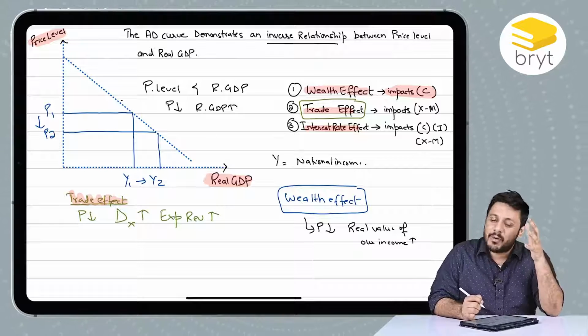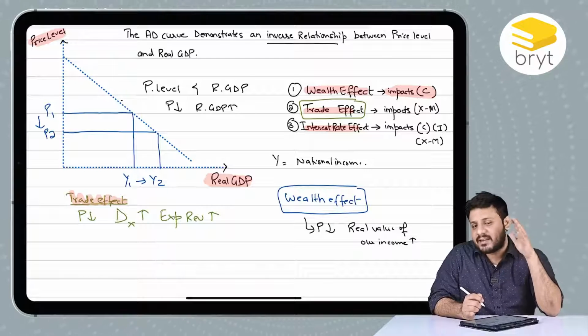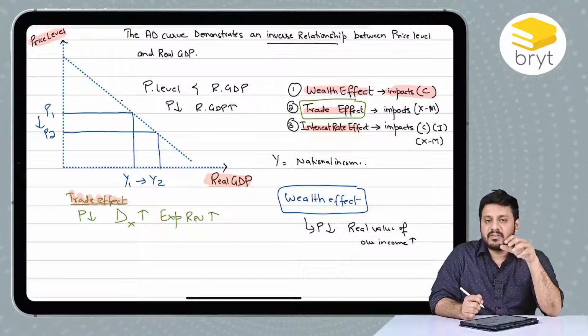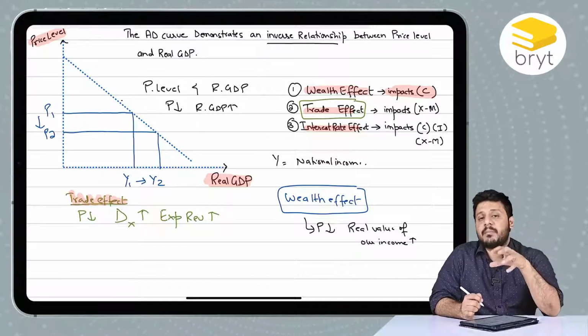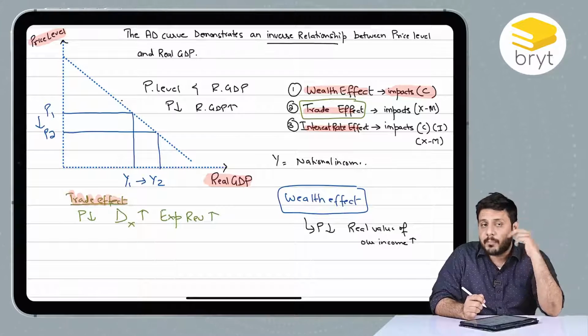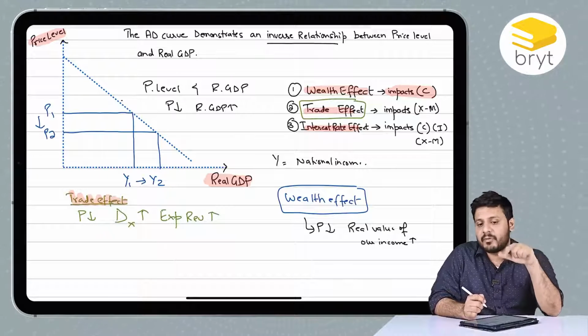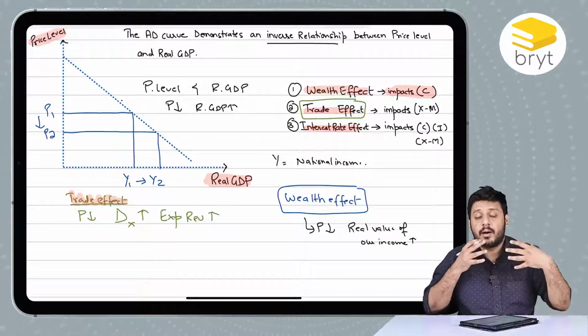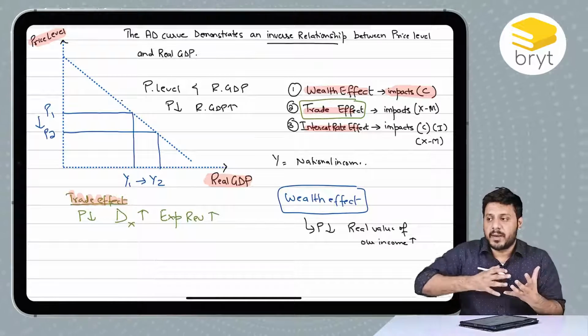On the other hand, since the price level in the domestic economy is going down, our domestic goods become cheaper as compared to imports. So instead of consumers importing goods from abroad, they would start preferring domestic goods because they have become more competitive compared to imports.